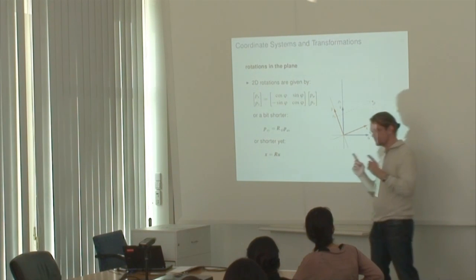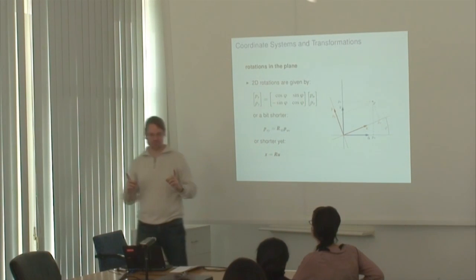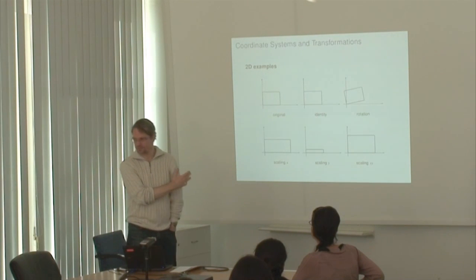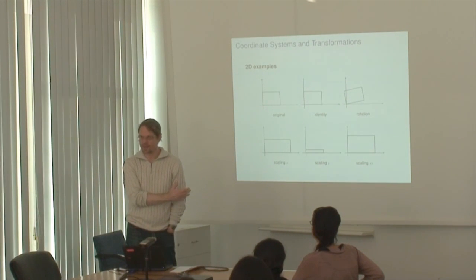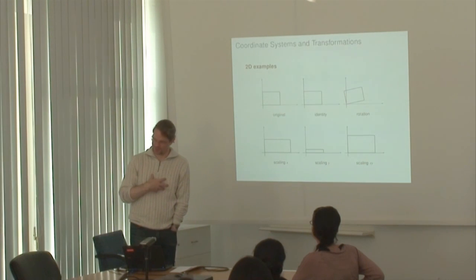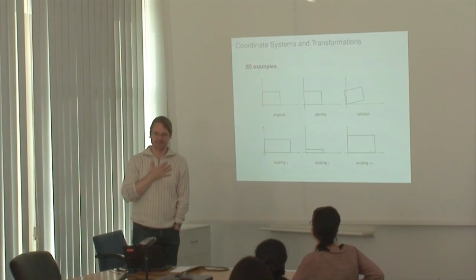I, as a student, preferred to think of it as doing something to the object, because it looks as if we do something to the object. As a professor, I prefer to think of it as doing something to the coordinate axis. And that takes a couple of years, but yes, it's true.